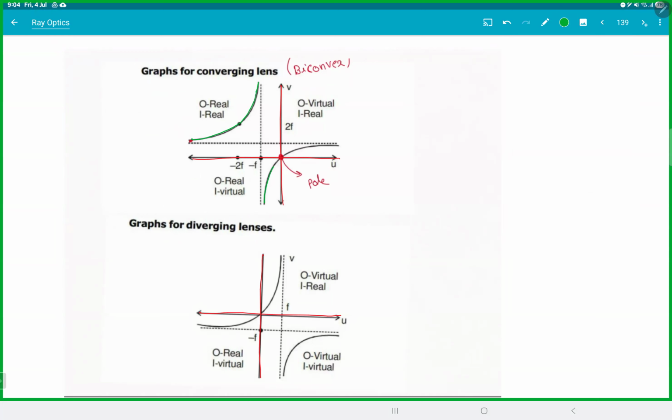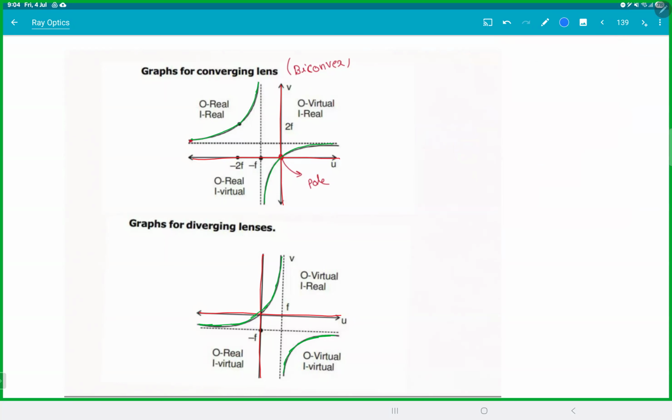If you carefully observe, this looks like the concave mirror graph. Remember, the graph was like this in concave mirror? Same graph, it is the reverse of that. So do check out these graphs later on. You should definitely know these graphs.